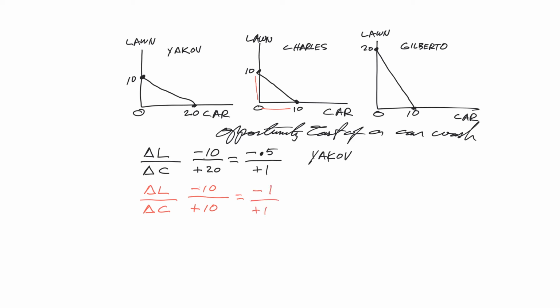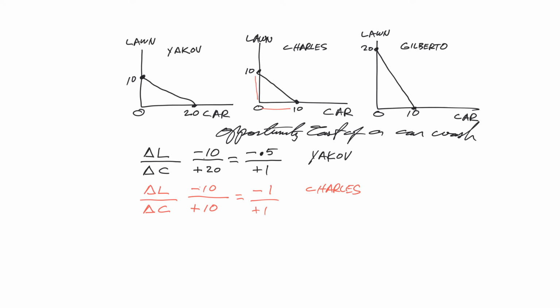So, with Charles, adding 1 car wash results in losing 1 lawn. So Charles's opportunity cost of a car wash is 1 lawn.